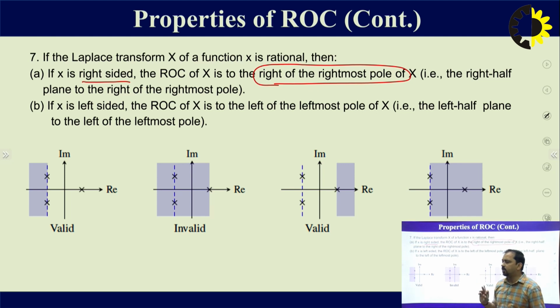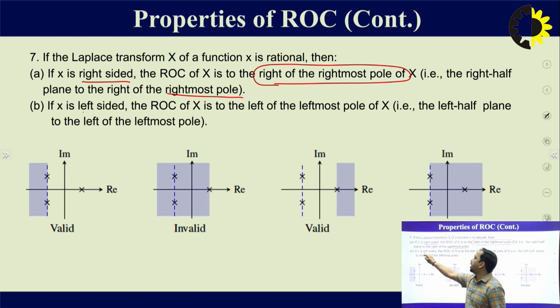The property is a bit similar to what we studied earlier in, let's say, property number 4. So the right half plane to the right of the rightmost pole, because we are aware that if a pole is lying somewhere in the ROC, then the transform will not converge.